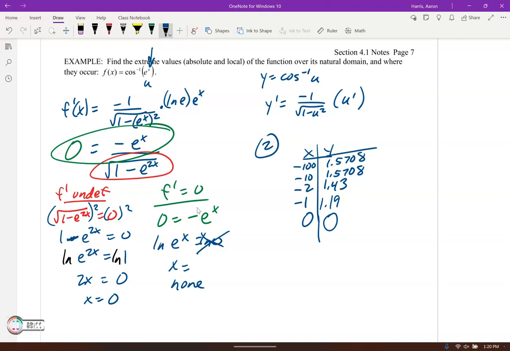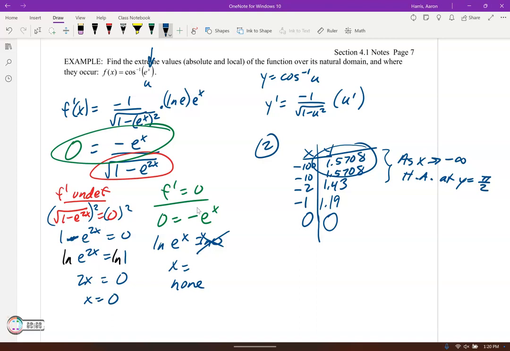Hopefully you start seeing these differed after that. I rounded that to the 10,000th there. But as x is getting smaller and smaller, shooting to negative infinity, see how it's approaching pi halves? So this thing's actually going to have a horizontal asymptote at y being pi halves, that 1.57.